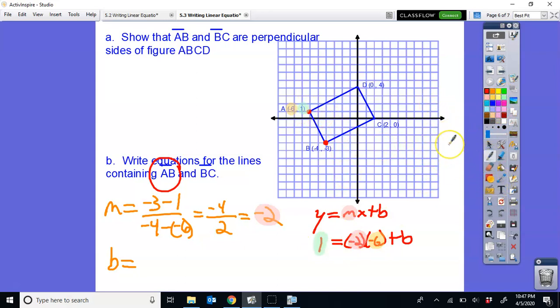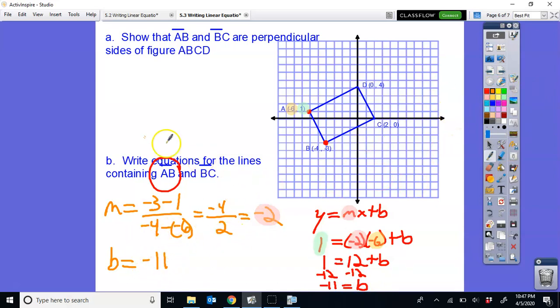And then I find my b value by first multiplying. -2 times -6 is 12. Then subtracting 12 from both sides. 1 minus 12 would be -11. So that is my b value, -11.